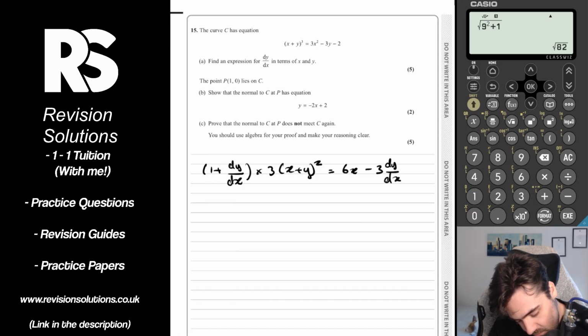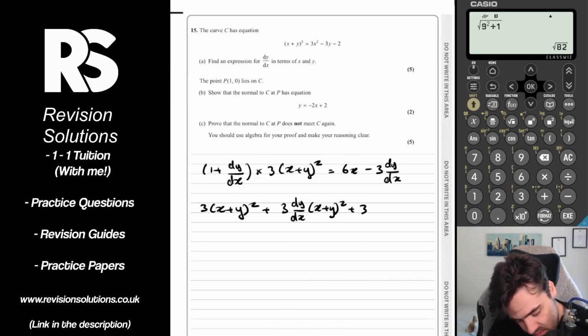Now we just need to rearrange for dy by dx. So first let's bring all the dy by dx's to the left, and I might expand this bracket as well. So we'd have 3 lots of (x plus y) all squared, plus 3 dy by dx times (x plus y) all squared.